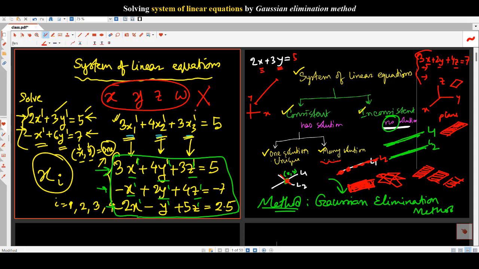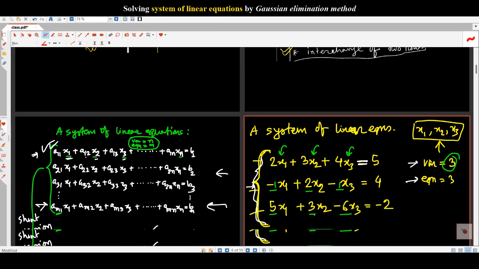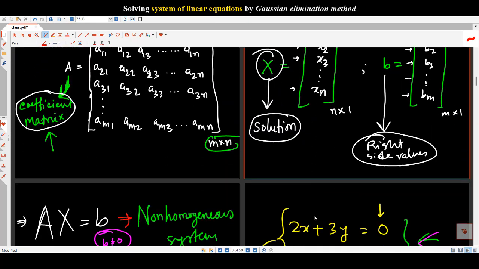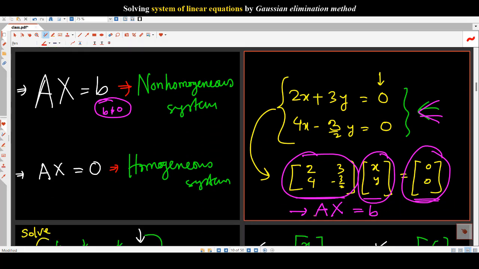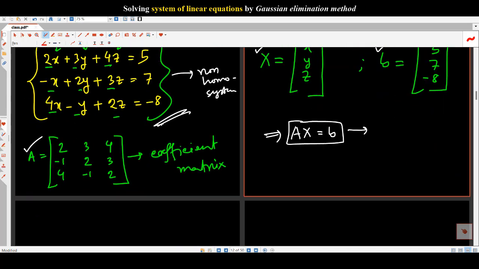So if we think about higher dimensional equations, at that time the Gaussian elimination method will help you to get the solution directly or in the fastest possible time. Okay, so that is the motivation why we are learning this method, the Gaussian elimination method. So this is what we have here at first to know.